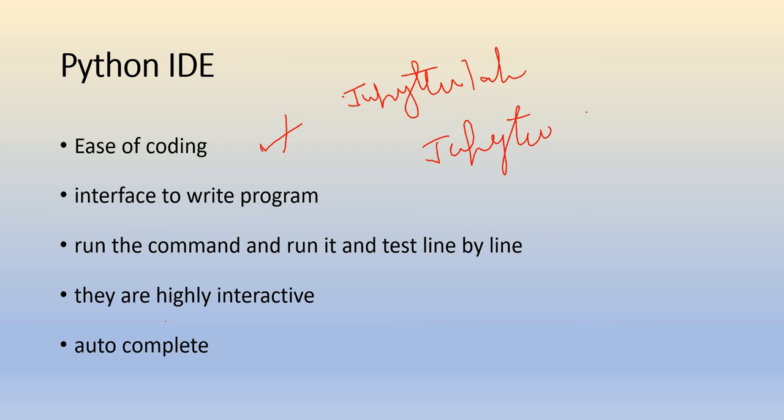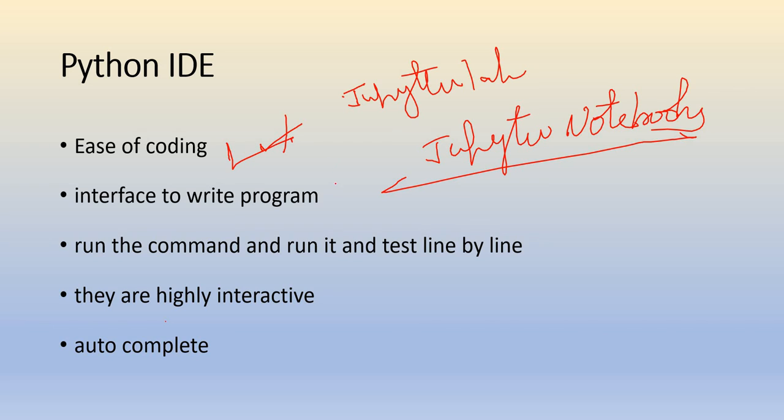In our Python programming session, we are going to work with Jupyter notebooks. It is very easy to code, it is an interface to write a program, highly interactive, and you can run the code line by line, because it is interpreted. That's why we can make use of Jupyter notebooks.